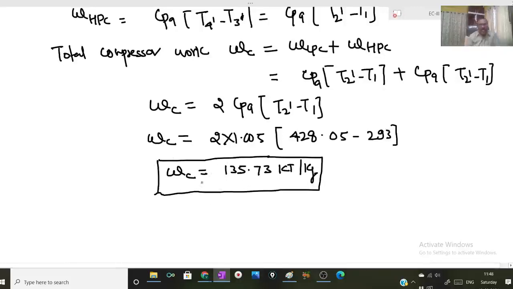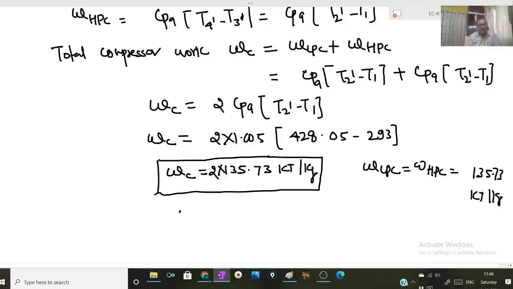Actually, this is twice into 135.73. Actually, WHPC or WLPC, this value is 135.73 kilojoule per kg.